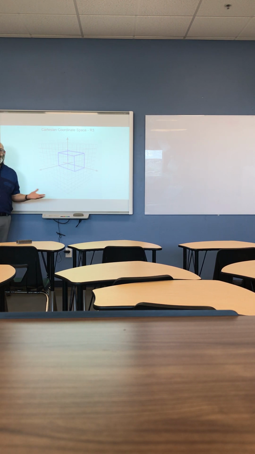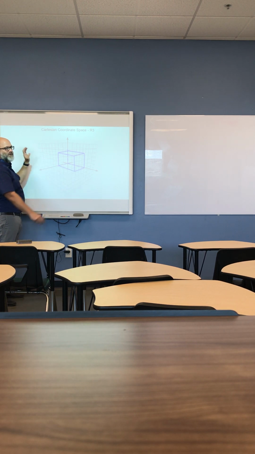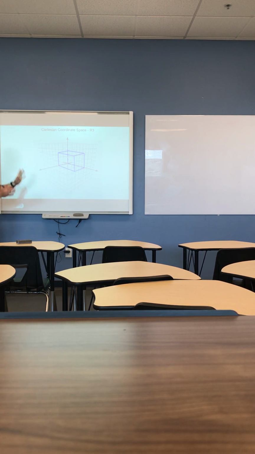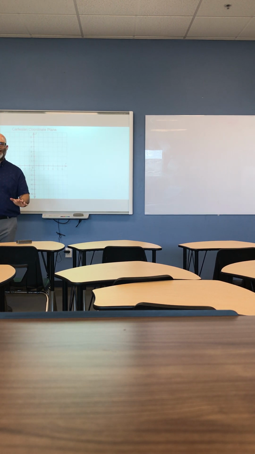Is it finite or infinite? I don't know. Context would tell me. So this may be using up all of 3-dimensional space, or it may just be that finite box. All right, so the Cartesian coordinate plane changed everything. How? Well, for thousands of years, man really mastered this field called geometry, which involves points, lines, planes, and many more shapes.